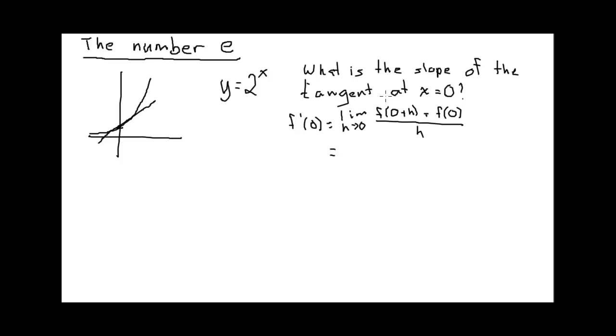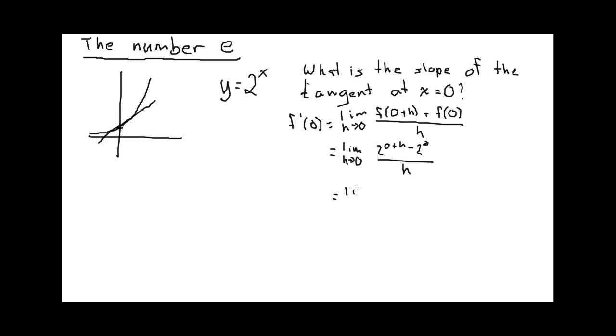So now we'll use the function 2 to the x. The limit as h goes to 0 of 2 to the 0 plus h, minus 2 to the 0, all divided by h.